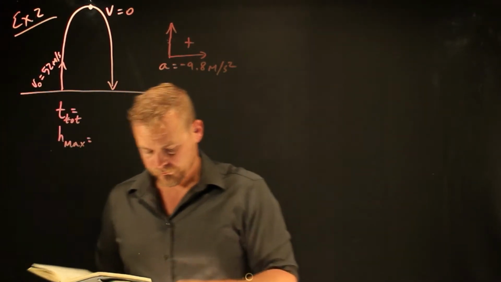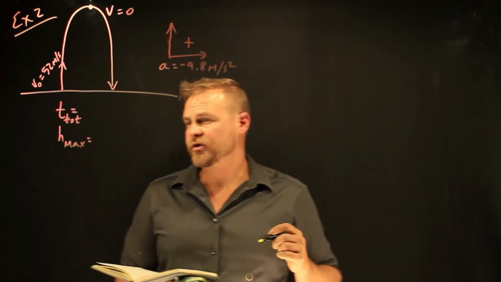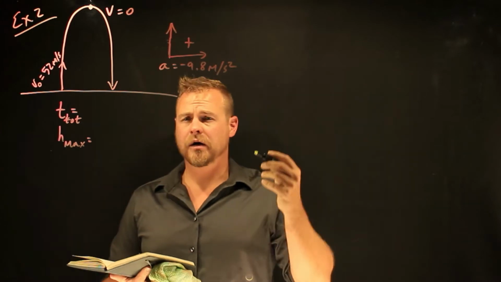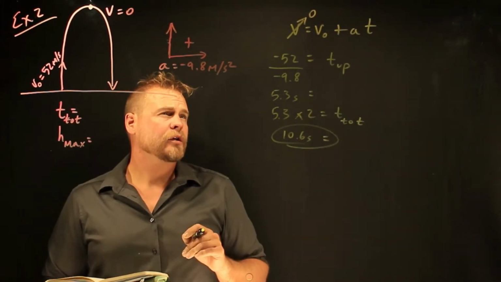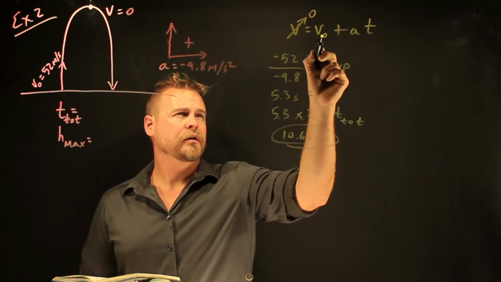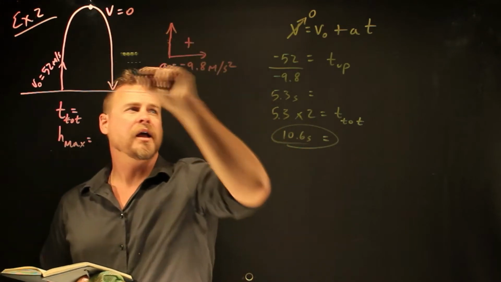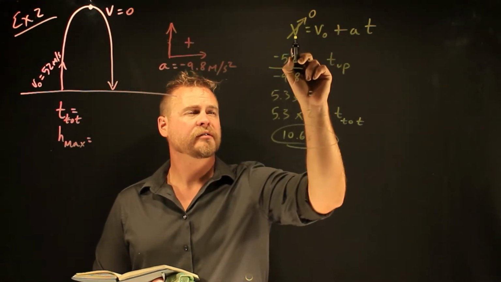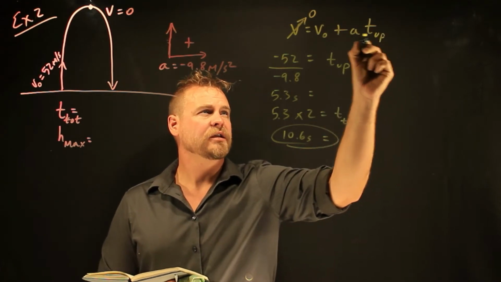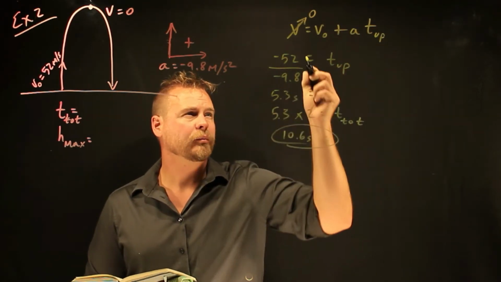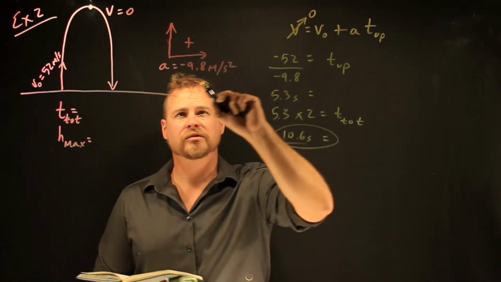Okay. So I'm going to start with t up, and then I'm going to multiply it by 2. So I had an initial velocity of 52 meters per second up. My velocity at the top was 0, and so because I chose the velocity at the top being 0, that turns this t into just that halfway point t, or the t up. a is negative 9.8 meters per second squared because that initial velocity was positive.